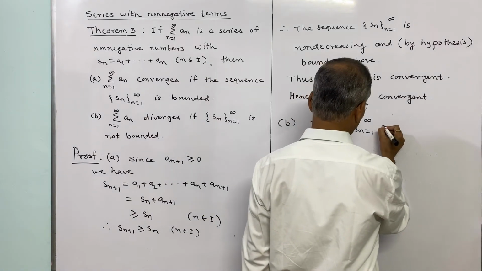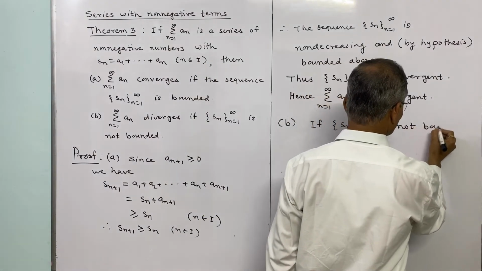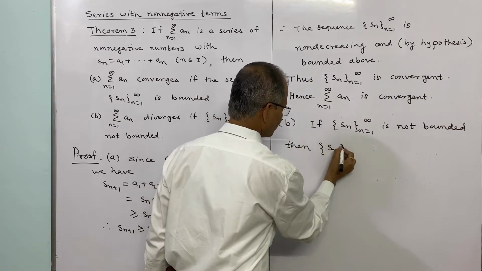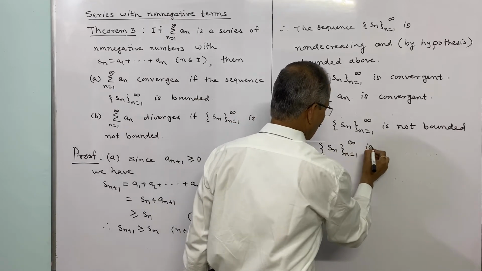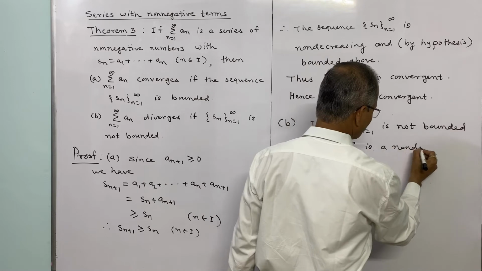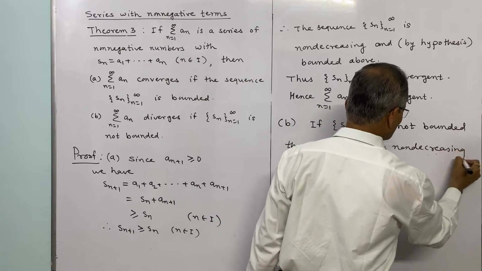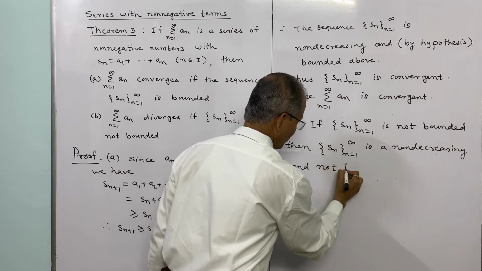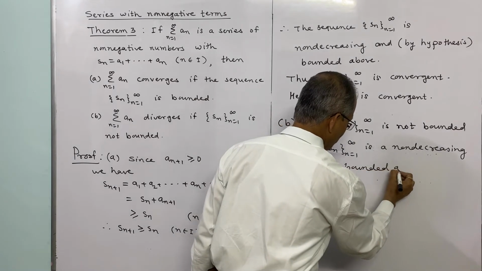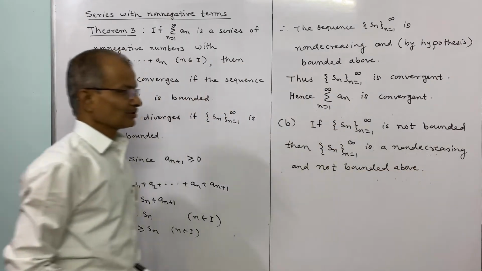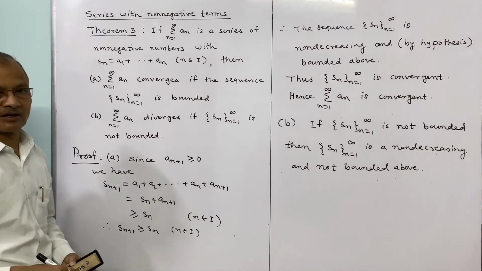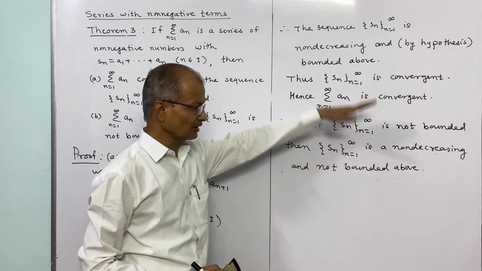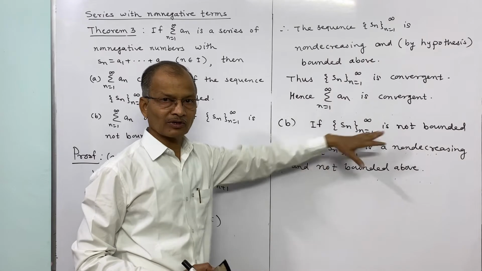If Sn is not bounded above, then Sn is a non-decreasing sequence and not bounded above. Therefore Sn is divergent. This result we have also proved in the chapter on sequences. A non-decreasing sequence which is not bounded above will diverge to infinity.